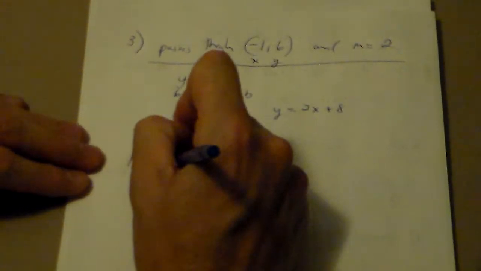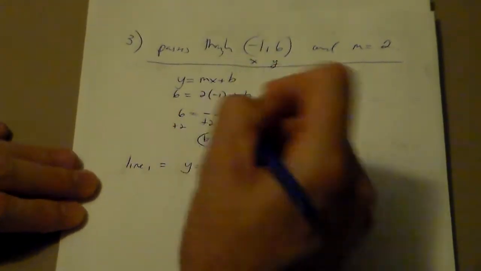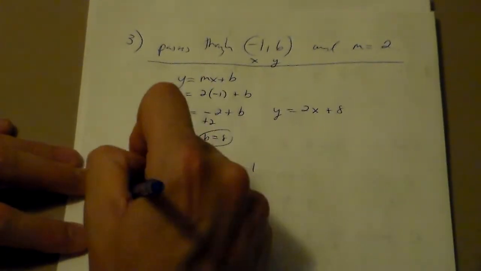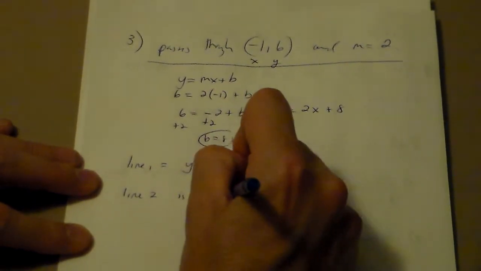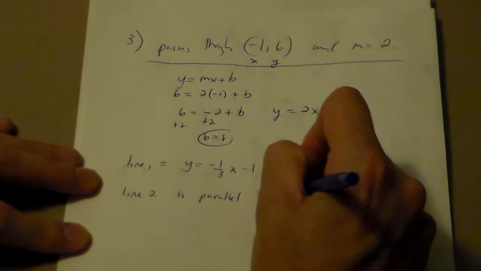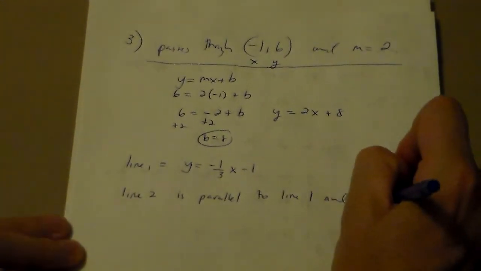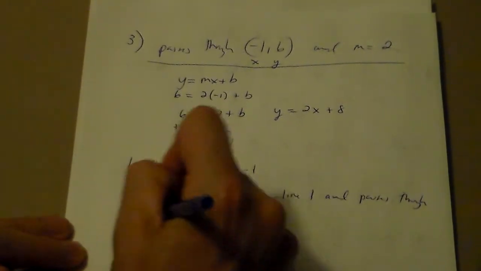Okay, and then what they're going to do is they're going to say something like this. Line 1 is equal to y equals -1/3 x minus 1. Line 2 is parallel to line 1 and passes through (3, 5), we'll say.